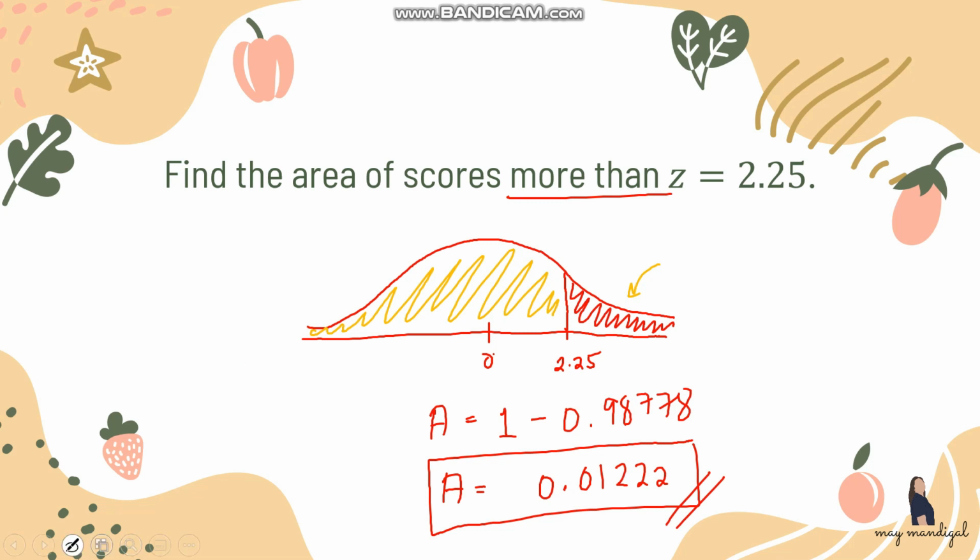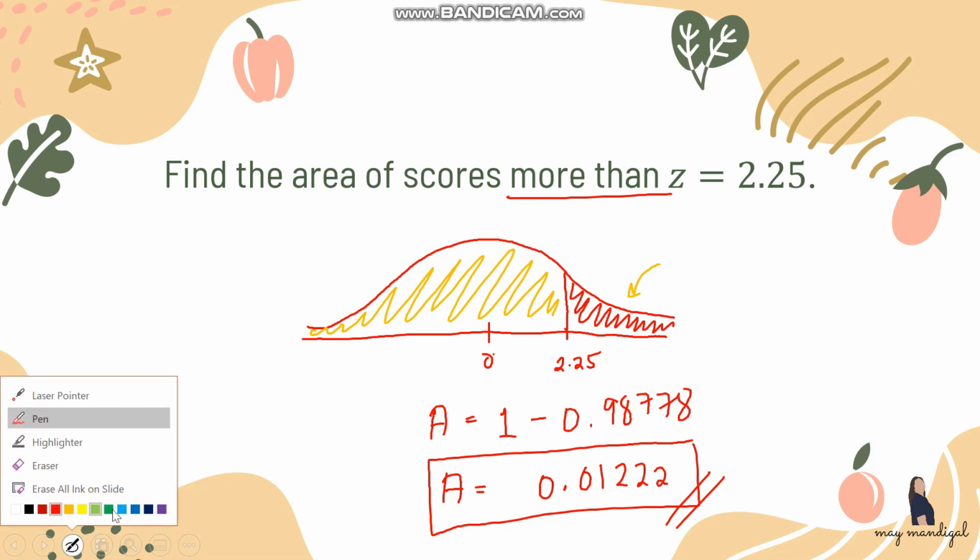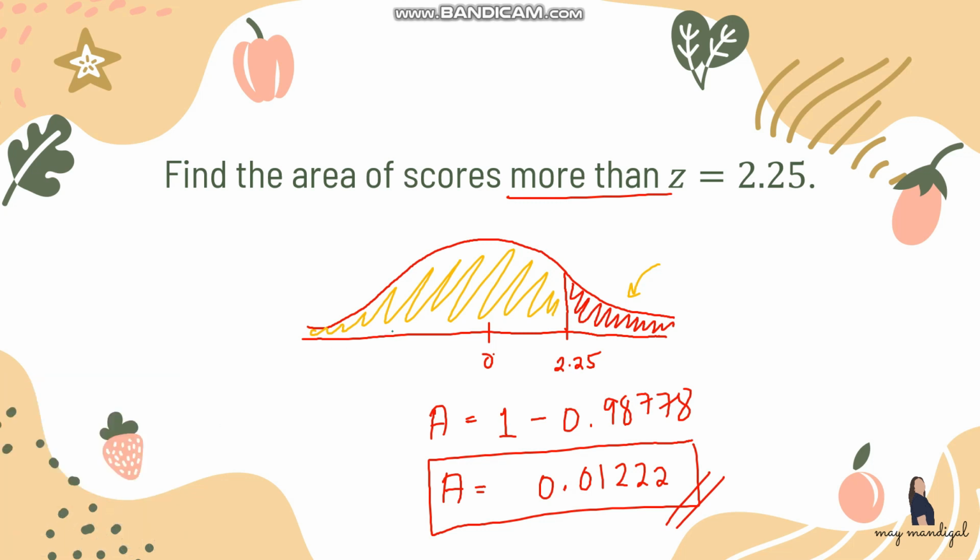Or if you want, you can look at the negative 2.25. Okay, negative 2.25. Now, what's the relation of negative 2.25 with 2.25? Remember, our normal probability distribution is symmetric within its mean.